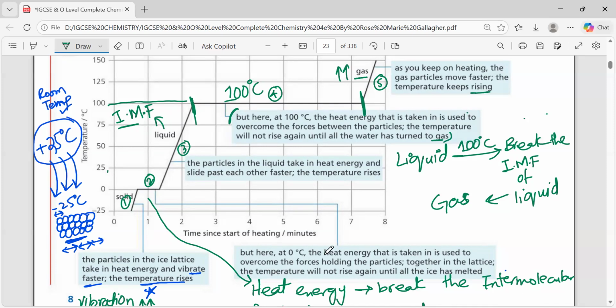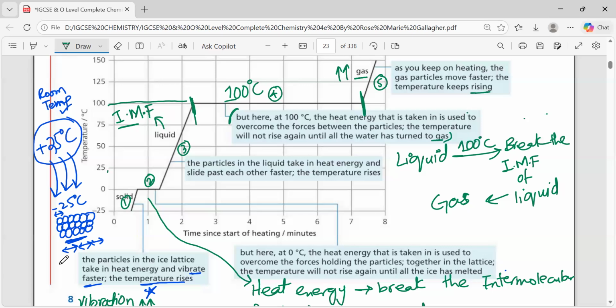Before that, the breaking will not happen. At point one, breaking is not happening. What is happening is just that ice is absorbing heat energy and the temperature rises to 0 degrees. At 0 degrees it remains constant for a few minutes to break the intermolecular forces to make it go from solid to liquid.